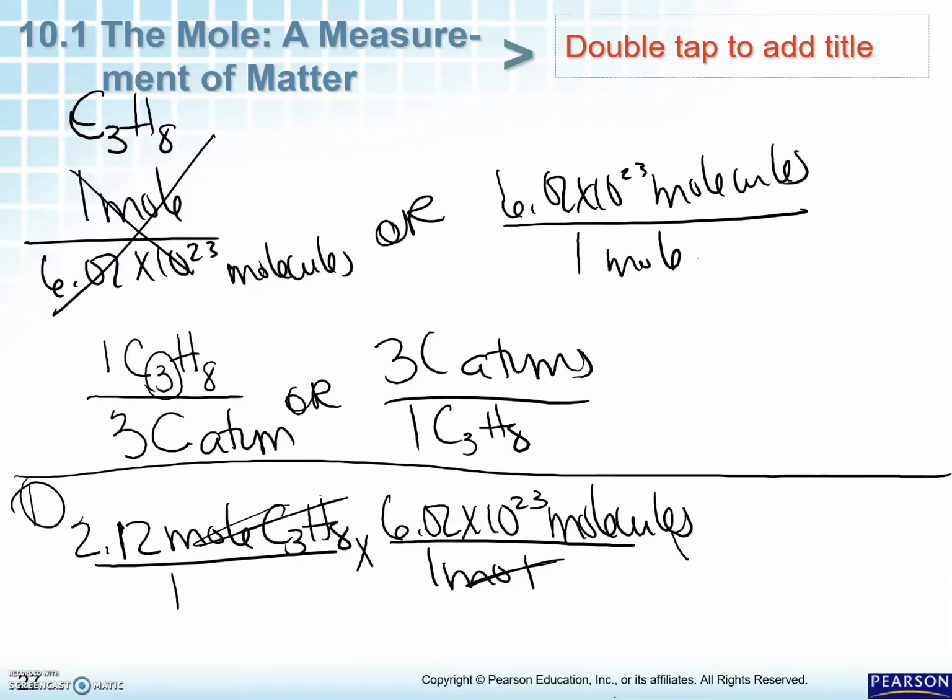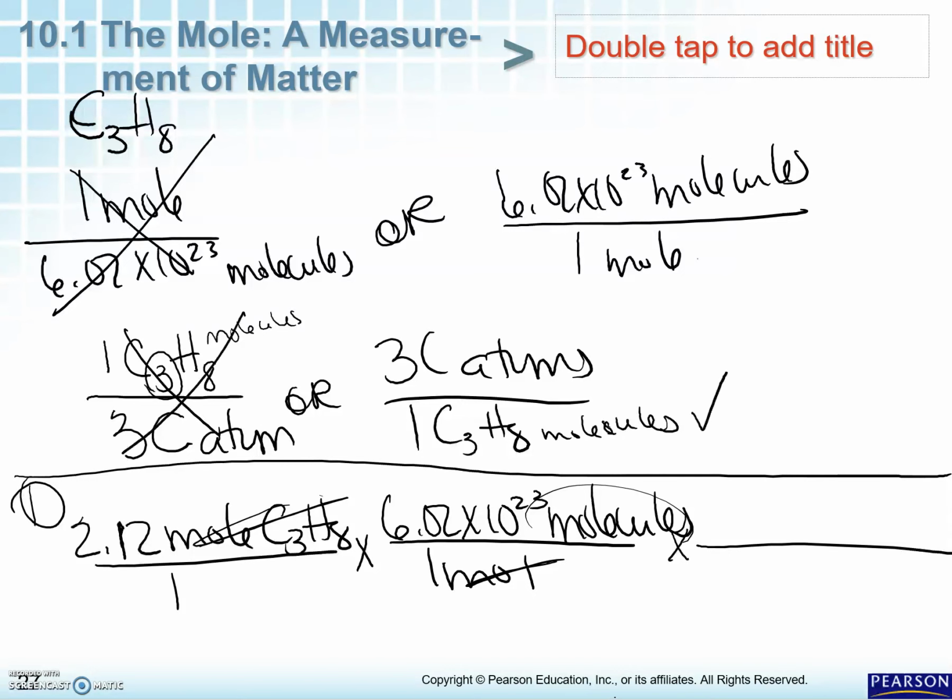So we have molecules on top. We're going to add one more step. We have to go from molecules to atoms of carbon. So we have to pick our second conversion unit. We have molecules on the top for our first option and molecules on the bottom of our second option. Since molecules is already on top here, we cannot use the first conversion unit.